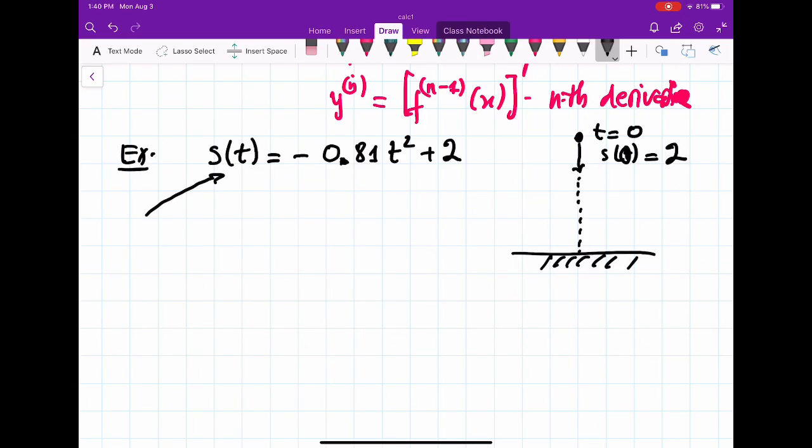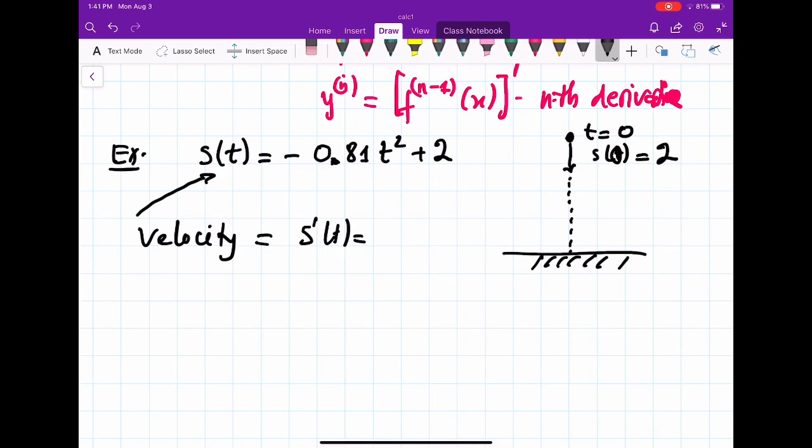Using this function, we may find the velocity, or the instantaneous velocity. Okay, so the velocity is equal to s prime, which is equal to negative 0.81 times 2t, because the derivative of t squared is 2t.